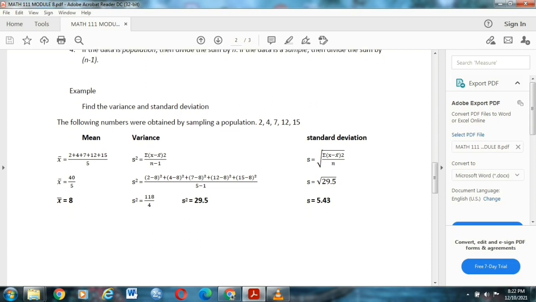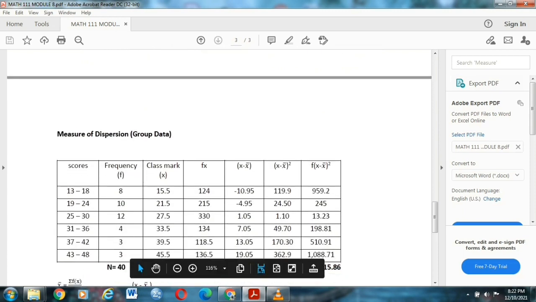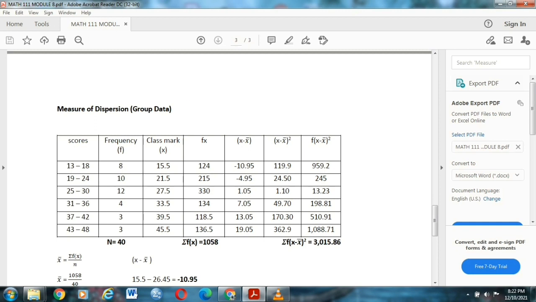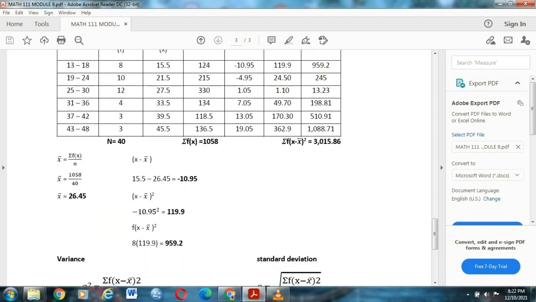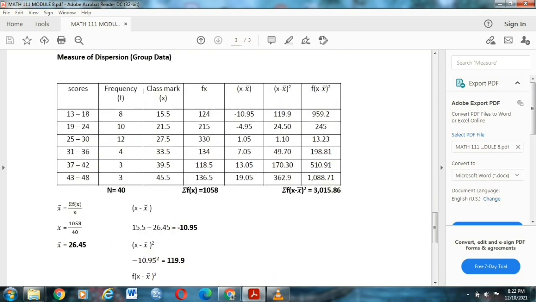Okay, sunod. Okay, for group data. So, measures of dispersion of group data. Para makuha natin ang variance at saka standard deviation ng group data, of course, tayong table, tayong distribution.